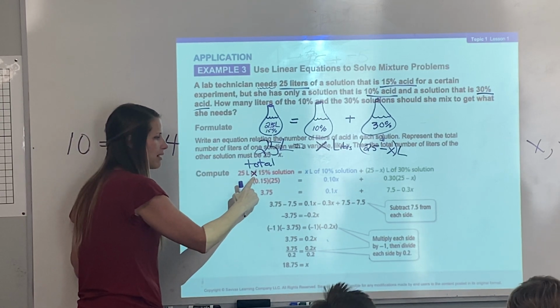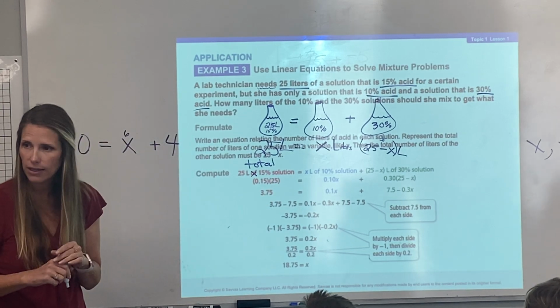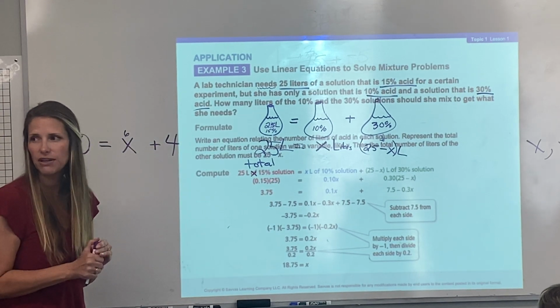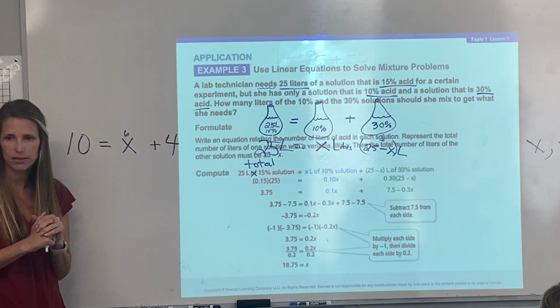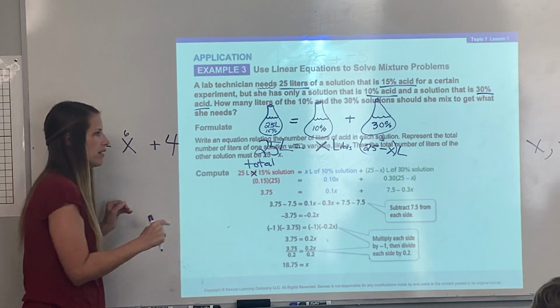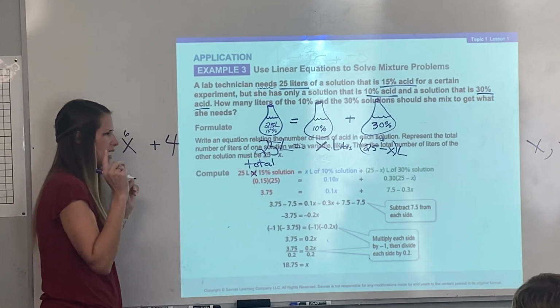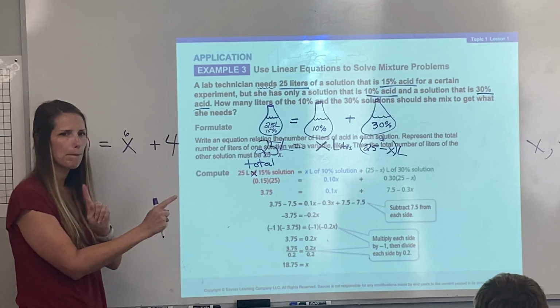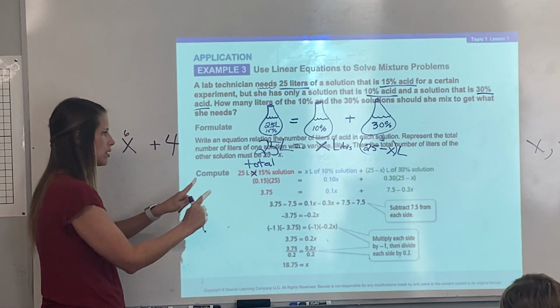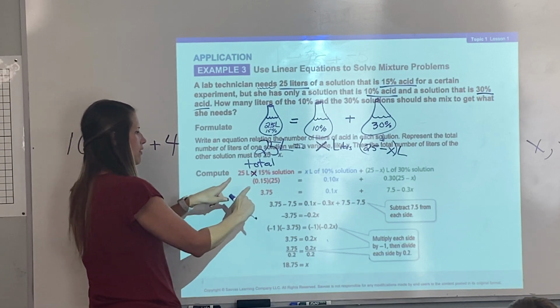25 times 15%. 15% as a decimal is what? 0.15. Thank you, 0.15. 0.15 times 25. Can somebody tell me what property we used? And the book just did this because they felt like it.